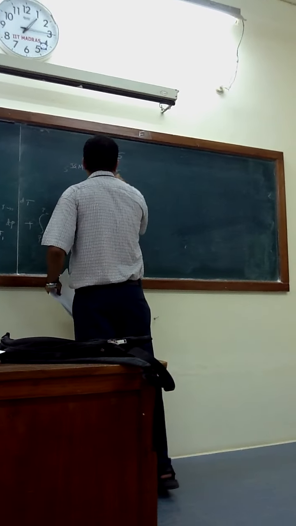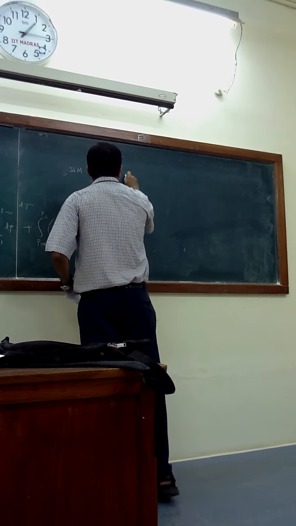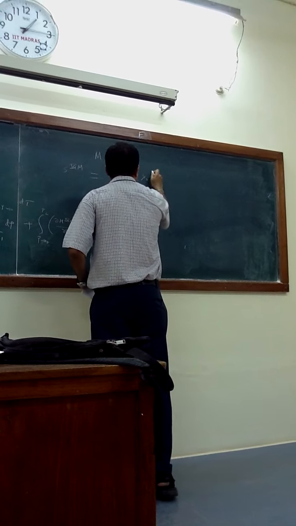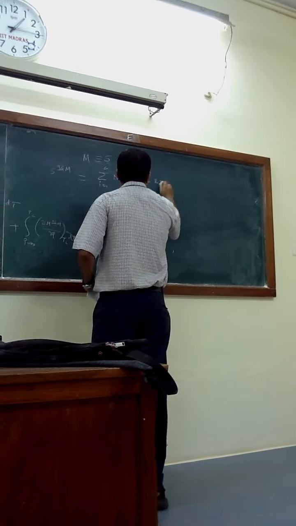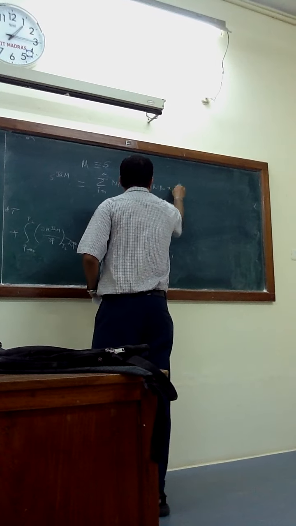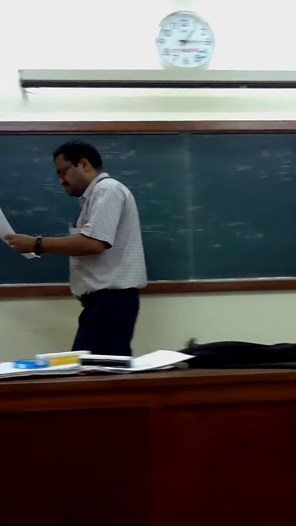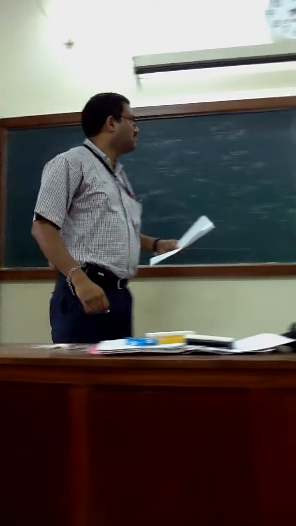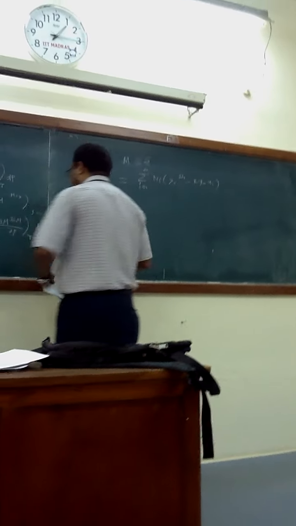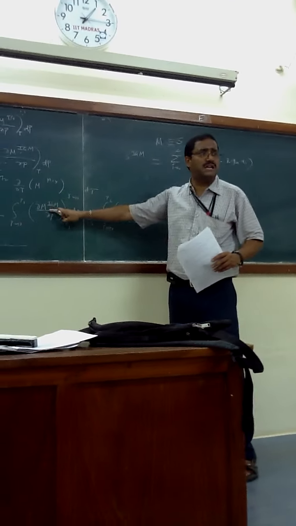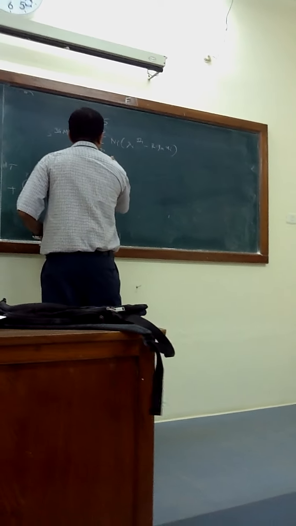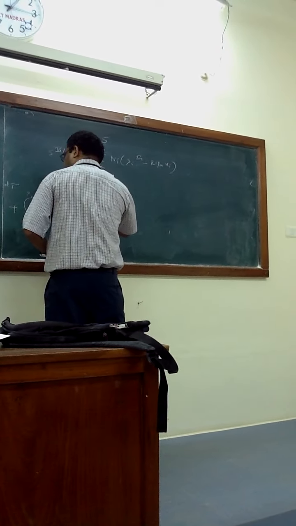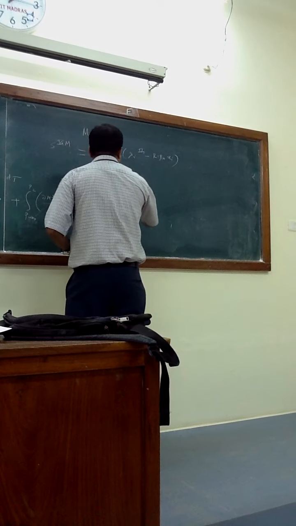Summation i equals 1 to C Ni Si IG minus. If M is replaced by S, it will be dou SIGM by dou P at fixed T. What will come?